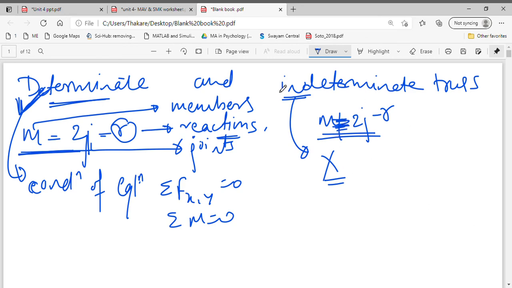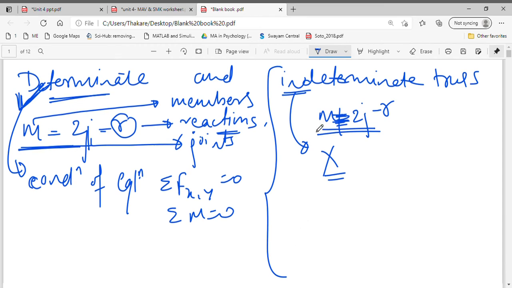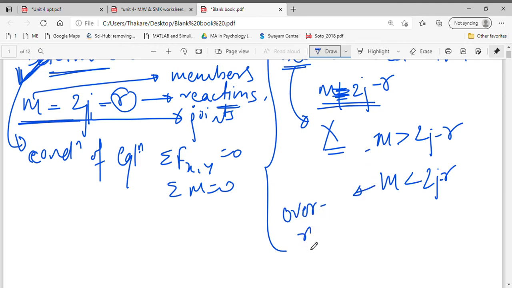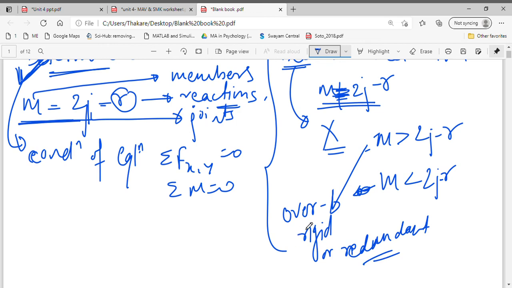Now let us take this case for example. If M is not equal to 2J minus R, it means either M is greater than 2J minus R or M is less than 2J minus R. If M is greater than 2J minus R, then the truss is an over-rigid truss, which can also be called a redundant truss.